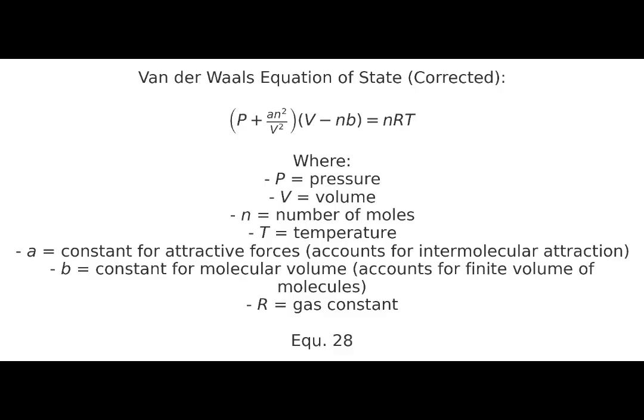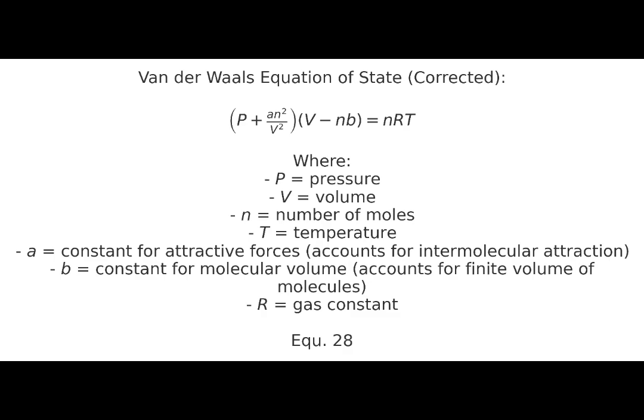6.3.1.2 Explanation of each term in the van der Waals equation. 1. a/V squared. The term a represents the intermolecular attractive forces, such as van der Waals forces, that exist between molecules.